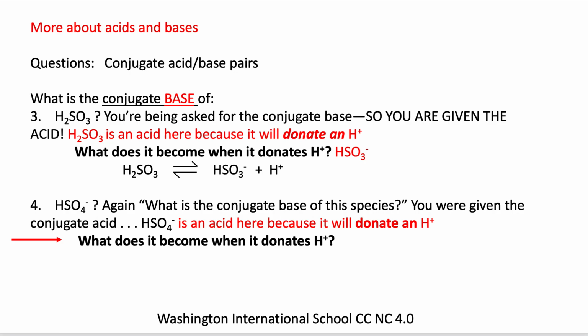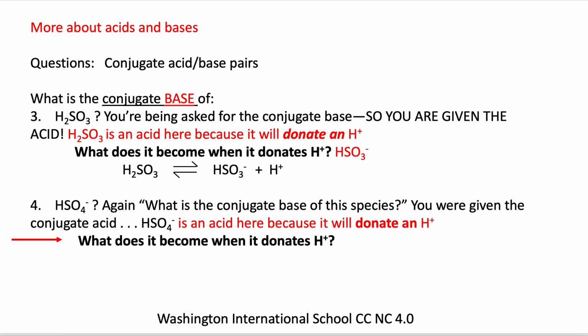And number 4, you start off with the hydrogen sulfate ion, and what's the conjugate base? So this must be an acid, it must be a proton donor. So HSO4- is a proton donor. What species is formed when it donates a proton, the H+?